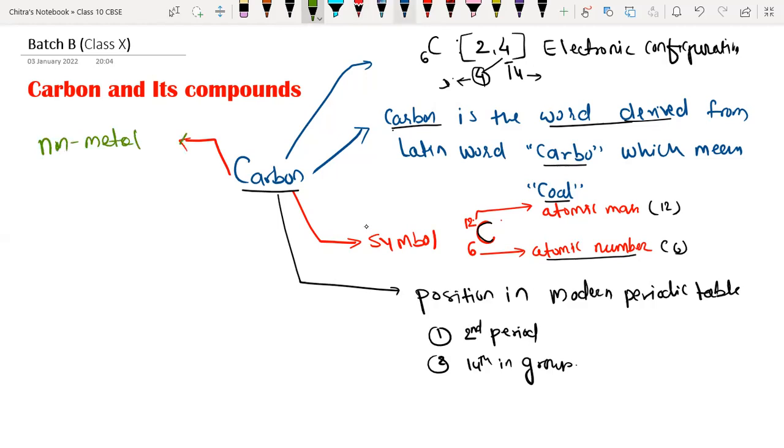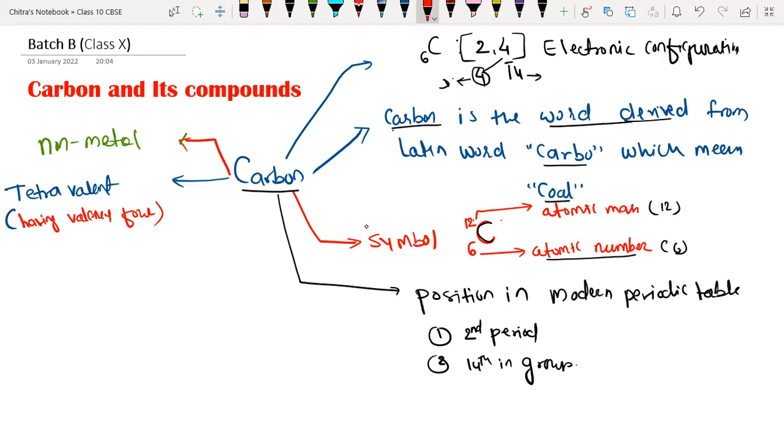Now its valency. It is tetravalent. Tetravalent means the element has valency 4, so I am writing in brackets: having valency 4. According to the octet rule, every element must contain 8 electrons in its outermost shell.